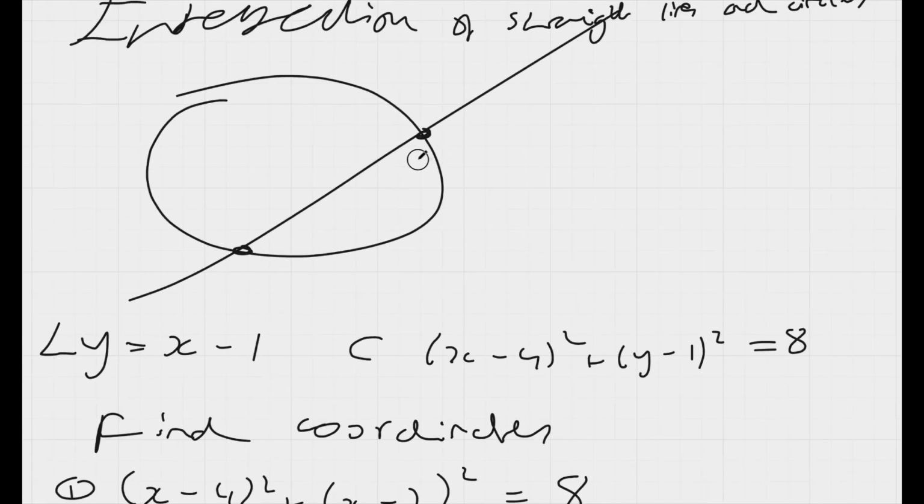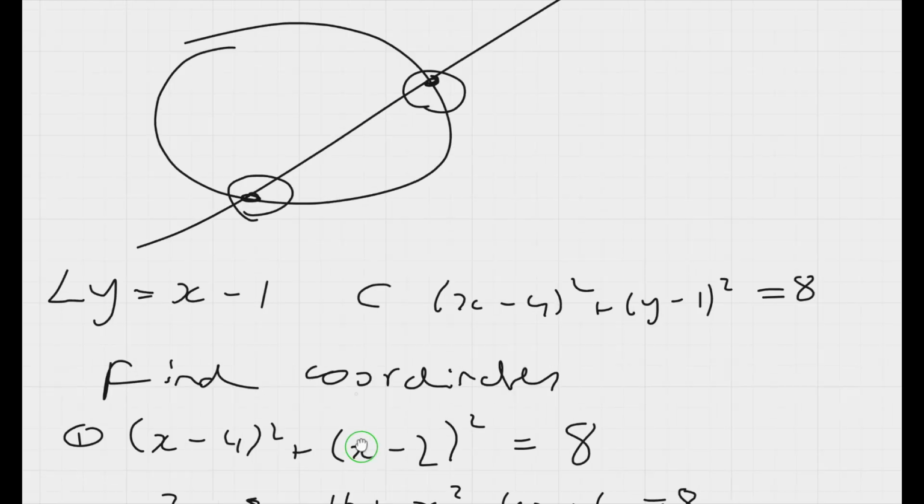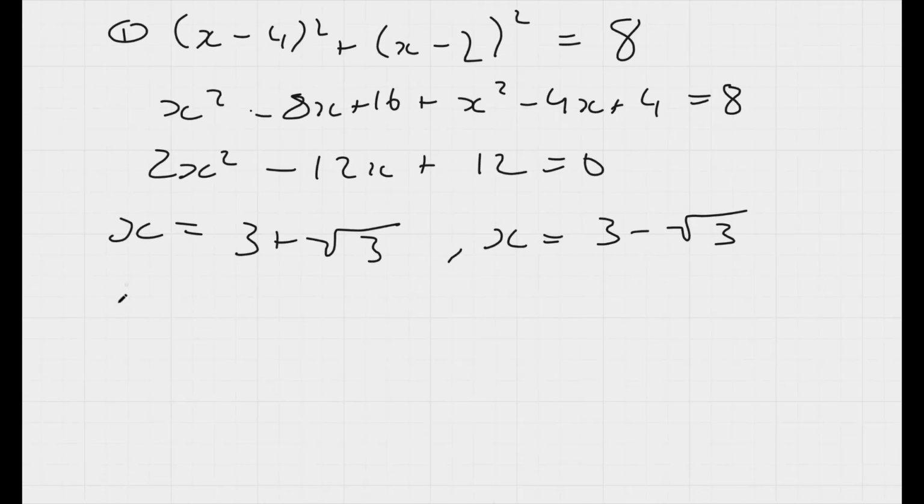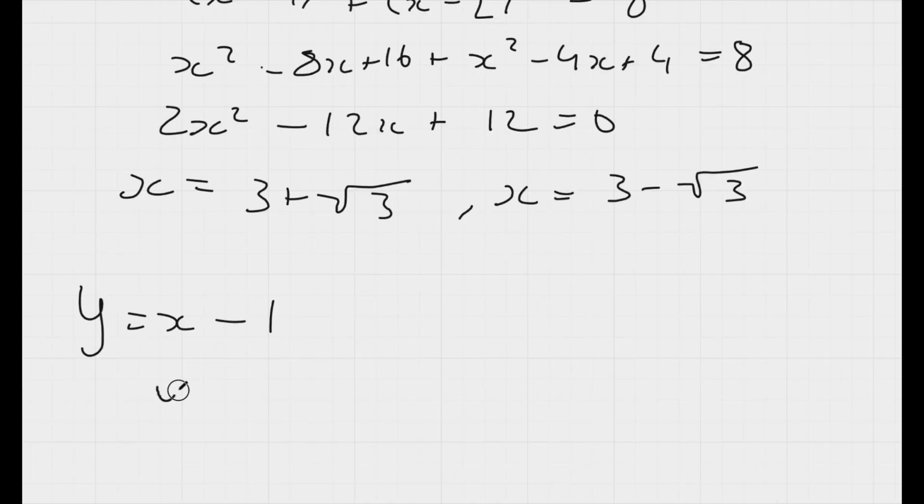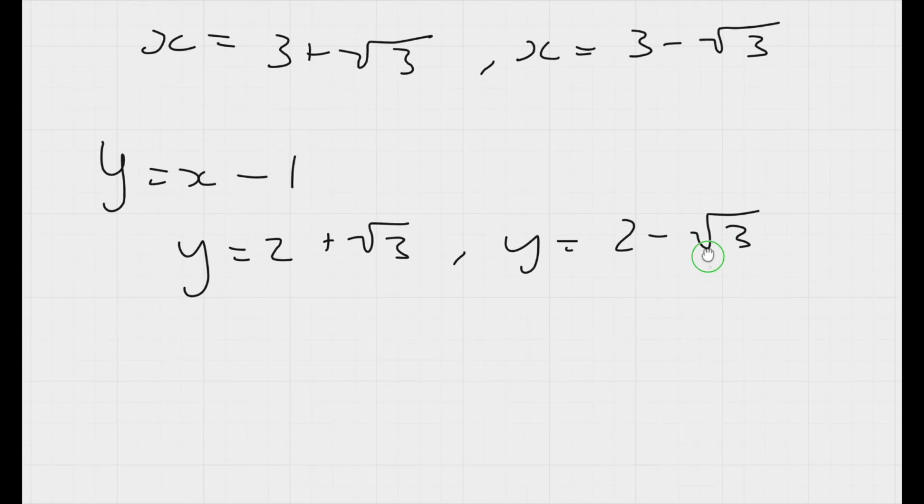And that will be the x coordinates of these 2 points of intersection. And it's gonna be a real shocker. But you just get your line y equals x minus 1 and sub in both of them to get y equals 2 plus root 3, y equals 2 minus root 3.